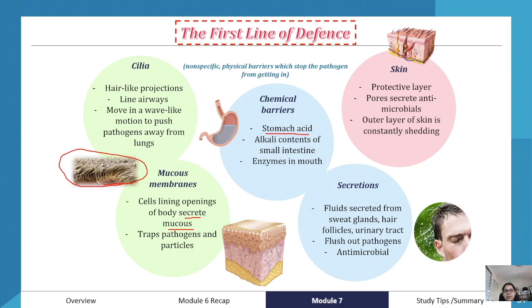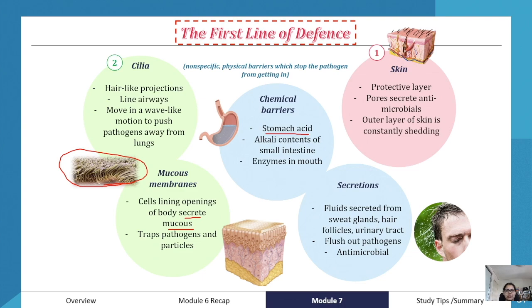This is basically a protective layer for us, and the pores in our skin secrete antimicrobials, and the outer layer of skin is constantly shedding as well. That is, again, so that we are getting rid of any pathogens that are on there, and obviously our cells need to grow.